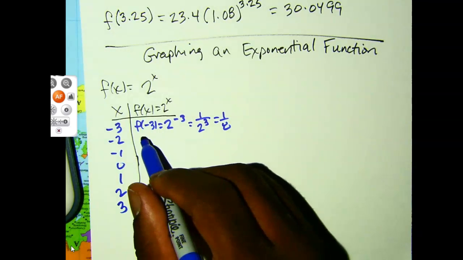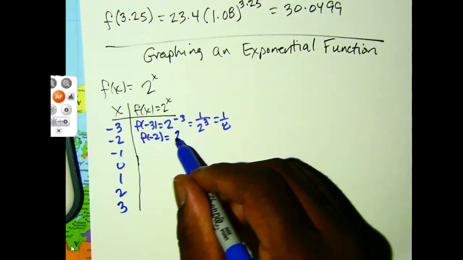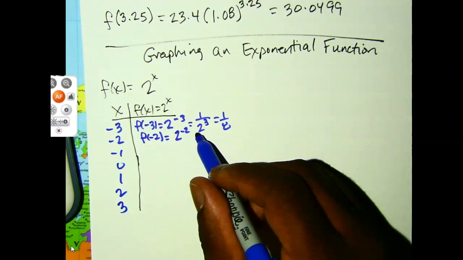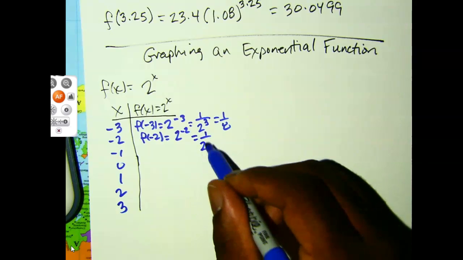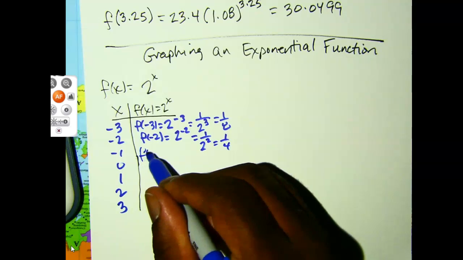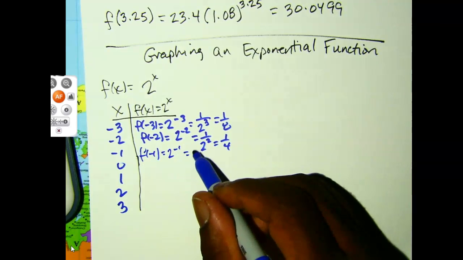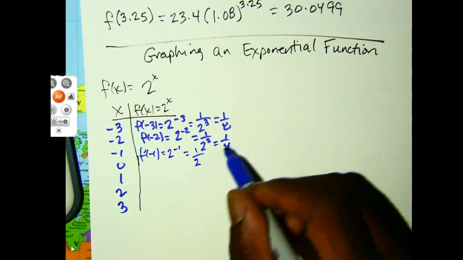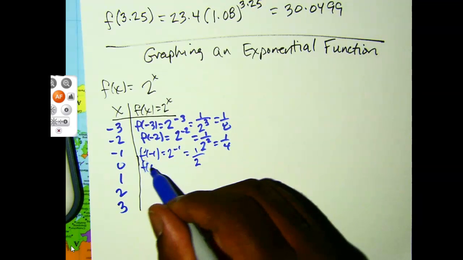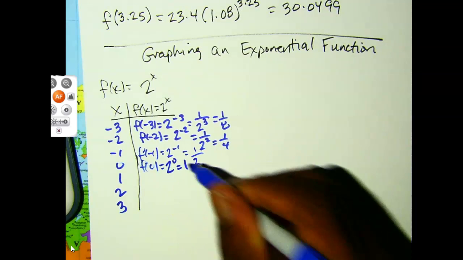F of -2 is 2 to the -2nd power, which is 1 over 2 squared, which is 1 over 4. F of -1 is 2 to the -1st power, which is 1 over 2, or 1/2. f of 0 is 2 to the 0, which is 1.